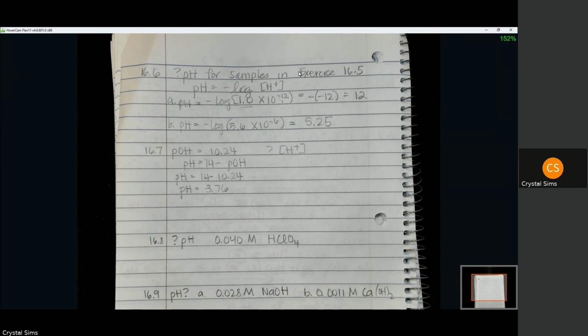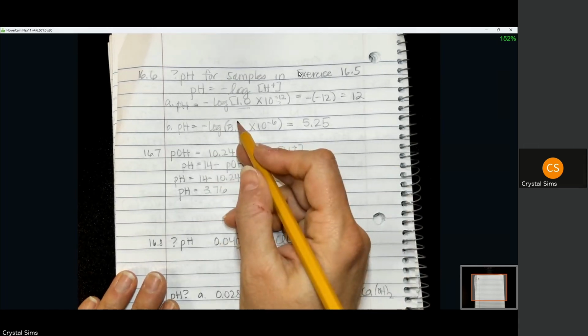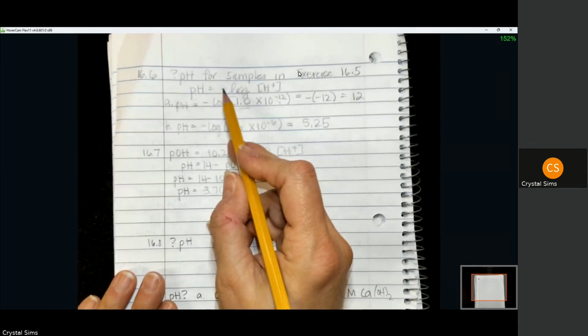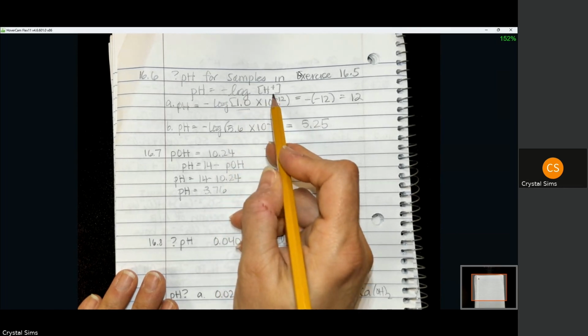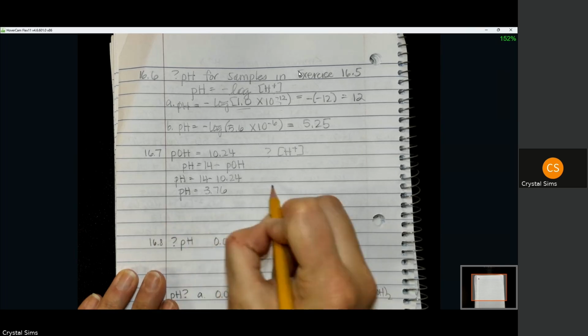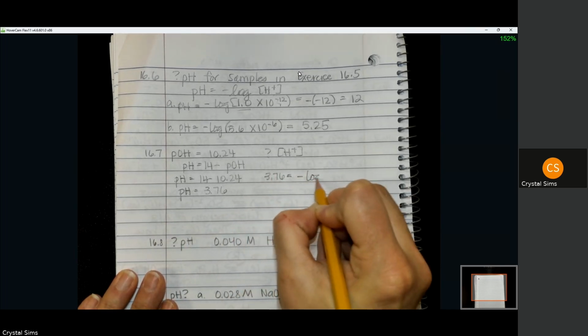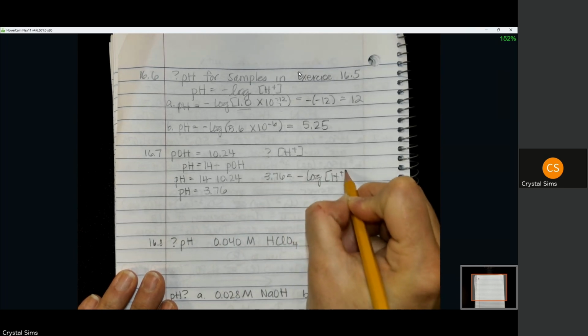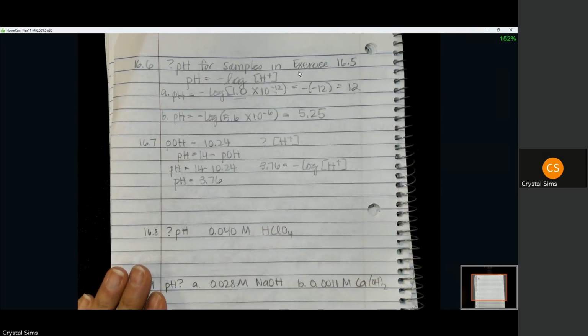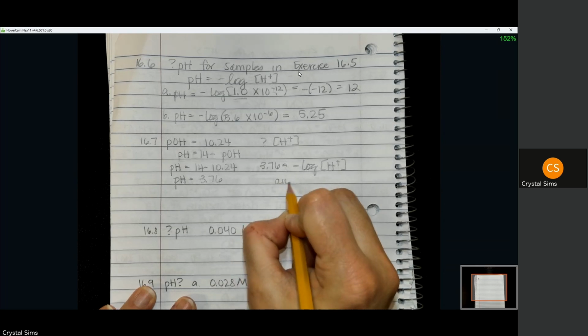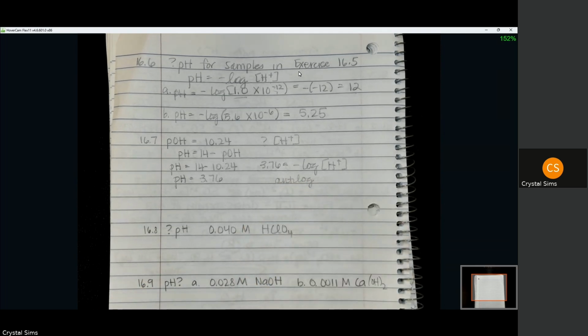So we know that from our previous example, pH is equal to the negative log of the hydrogen ion concentration. So 3.76 is equal to negative log of H. Well, we have to do what is called the anti-log in order to solve this problem.